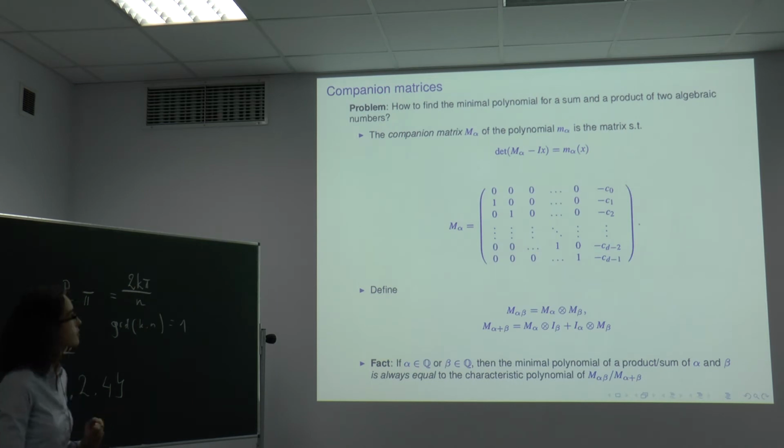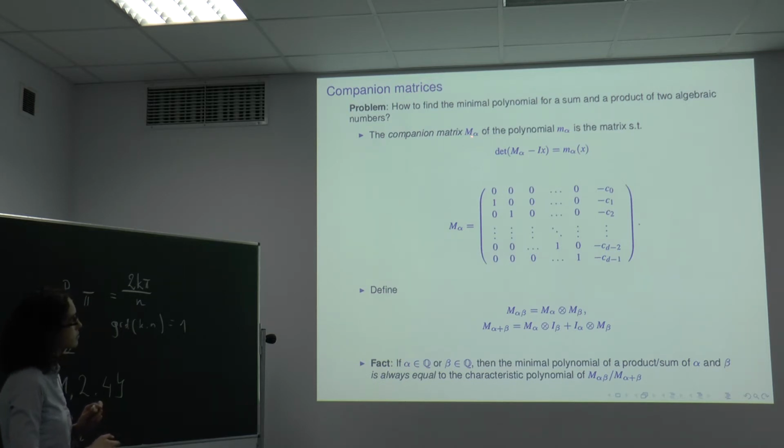And it turns out that the problem of finding minimal polynomials of a sum or of a product of two or more algebraic numbers is a very non-trivial problem. However, it can be solved completely in some very particular cases. In order to do it, let us define the so-called companion matrix corresponding to the minimal polynomial MA.